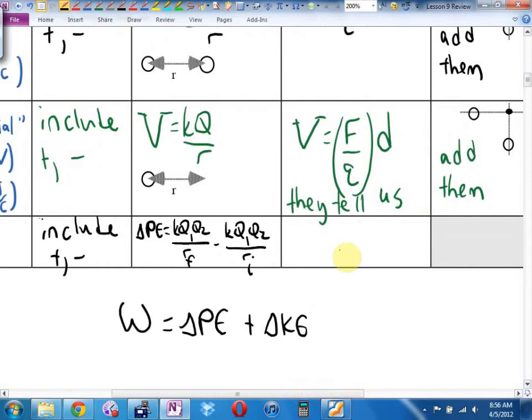Between parallel plates, change in potential is going to be Q change in voltage.